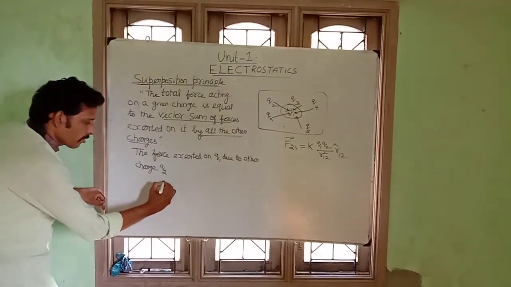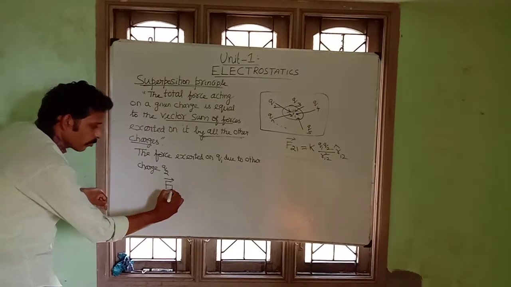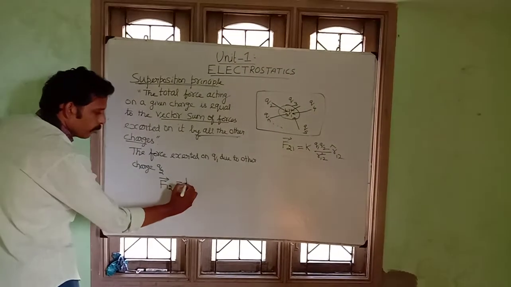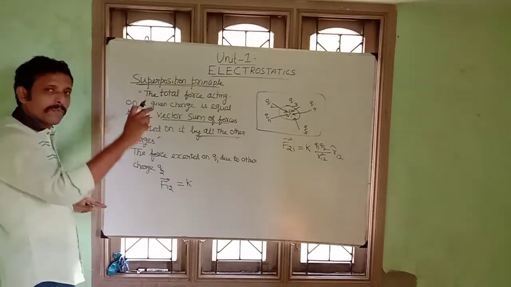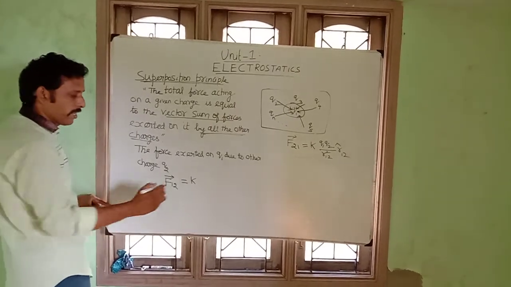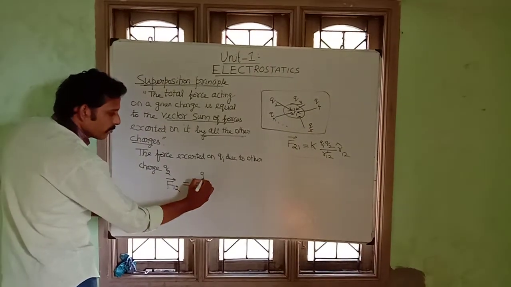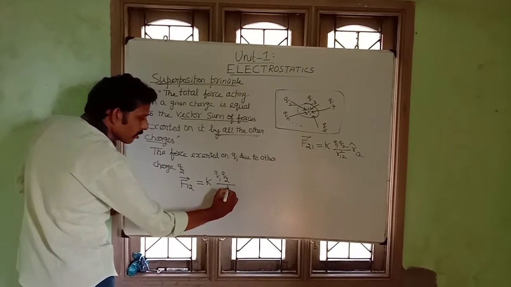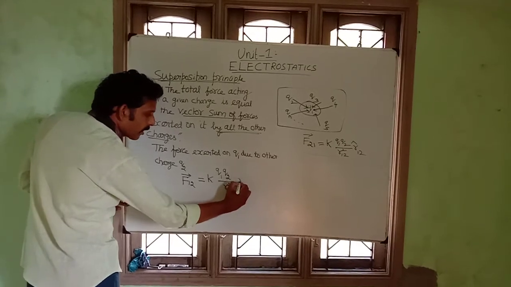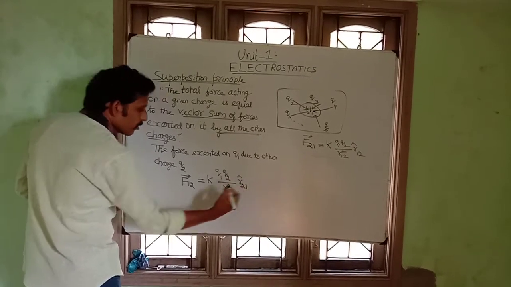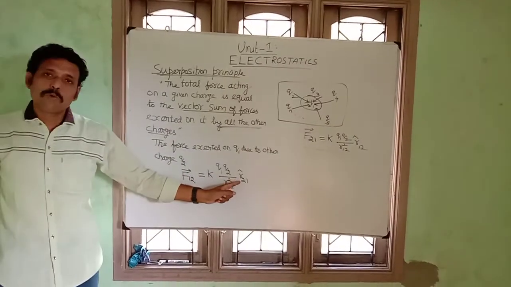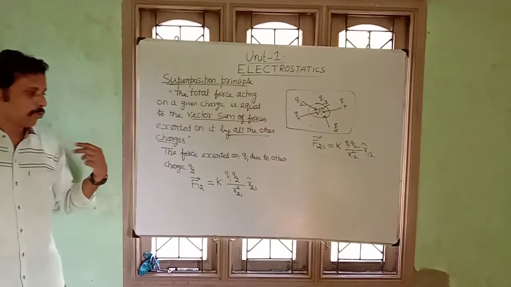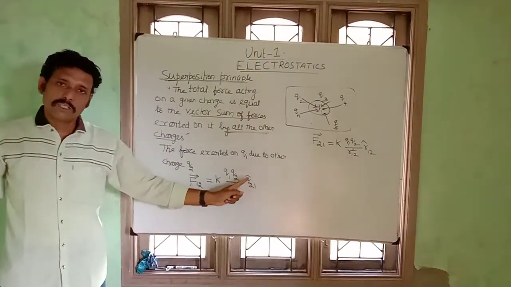F vector 12, the force on first due to second, is equal to K, you can write K otherwise 1 by 4 pi epsilon naught, Q1 Q2 by r square 21 r cap 21. What is r cap 21? It is the unit vector that shows the direction from second charge to first, 2 to 1.